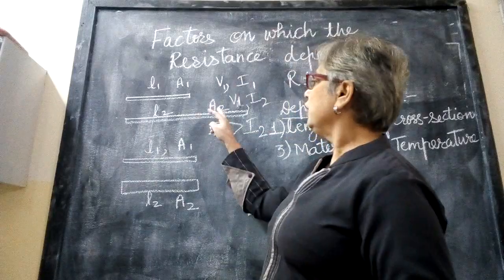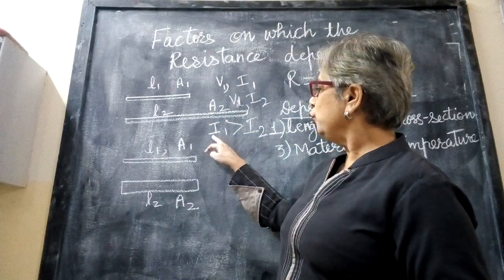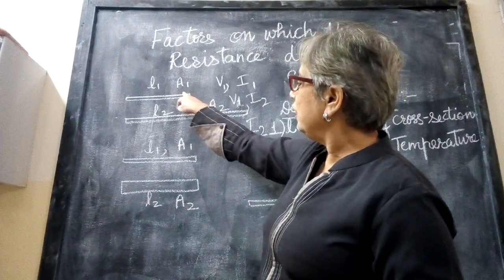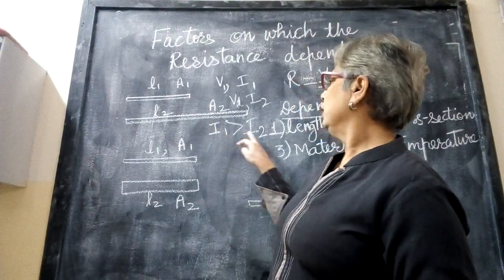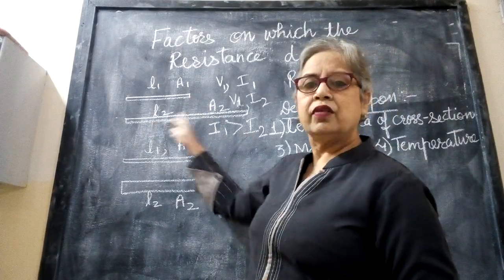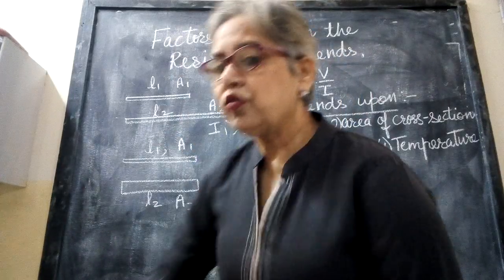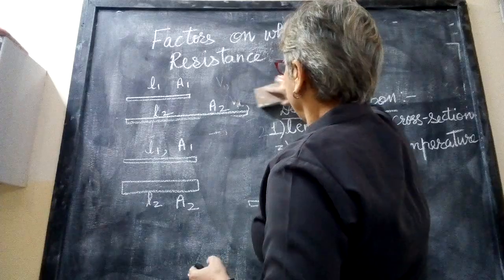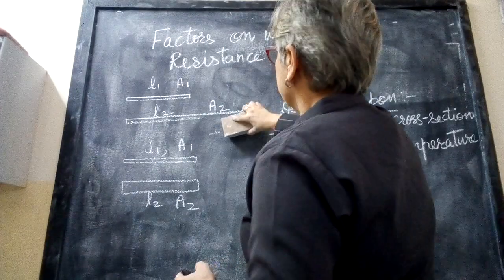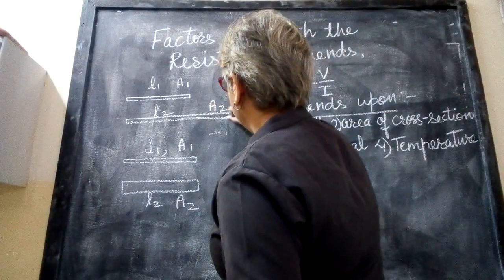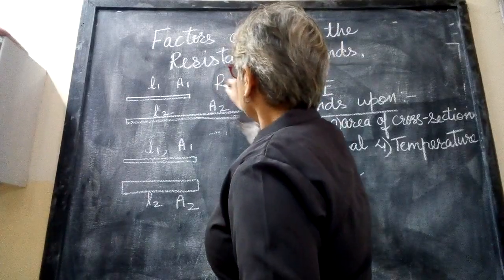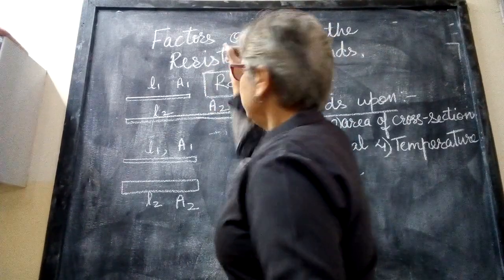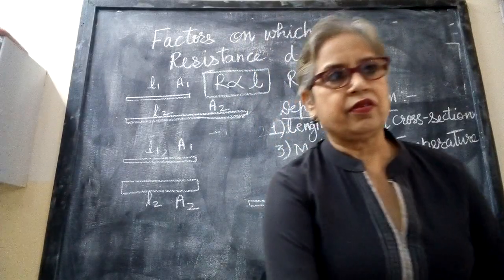Now after the readings of the ammeter, you come to know that the amount of current in this wire was more than the wire which is longer. Okay, so after this observation, what you come to know is that yes, the resistance is directly proportional to the length of the resistor.